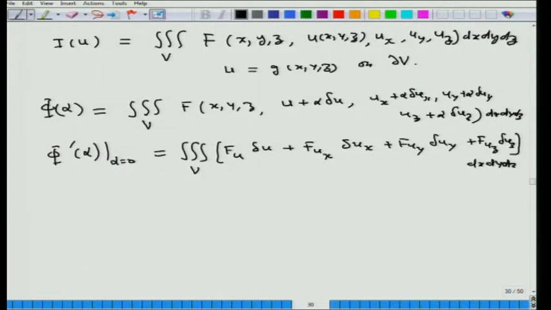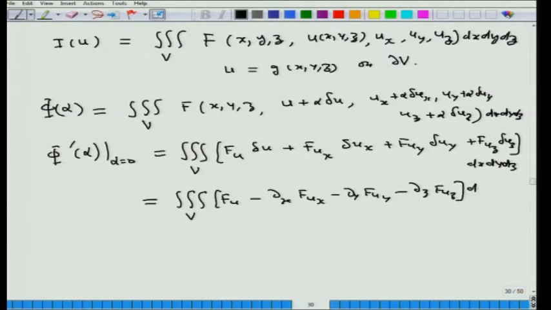dx dy dz. And then shifting these derivatives here, using the more general integration by parts formula for 3 dimensions, we will have f_u minus del_x of f_{u_x} minus del_y of f_{u_y} minus del_z of f_{u_z}, and delta u, which is a function of x, y, z, and then dx dy dz, and this is equated to 0.